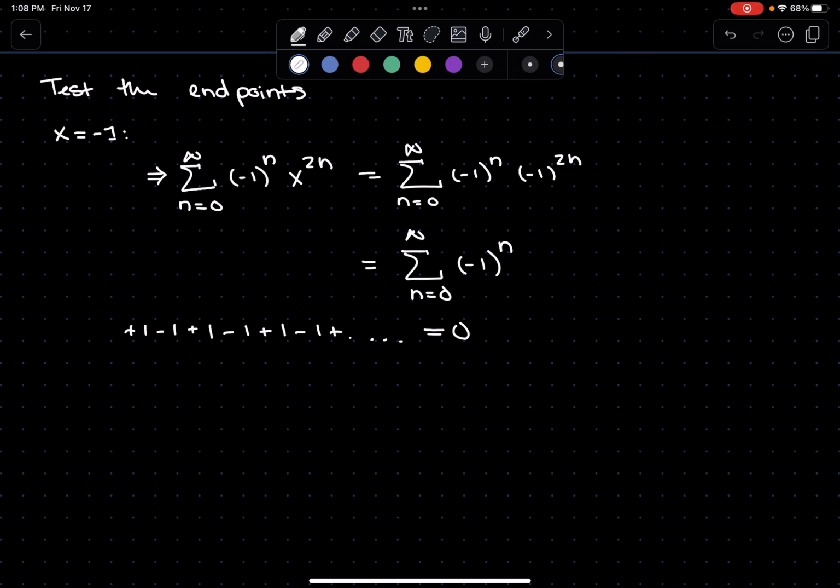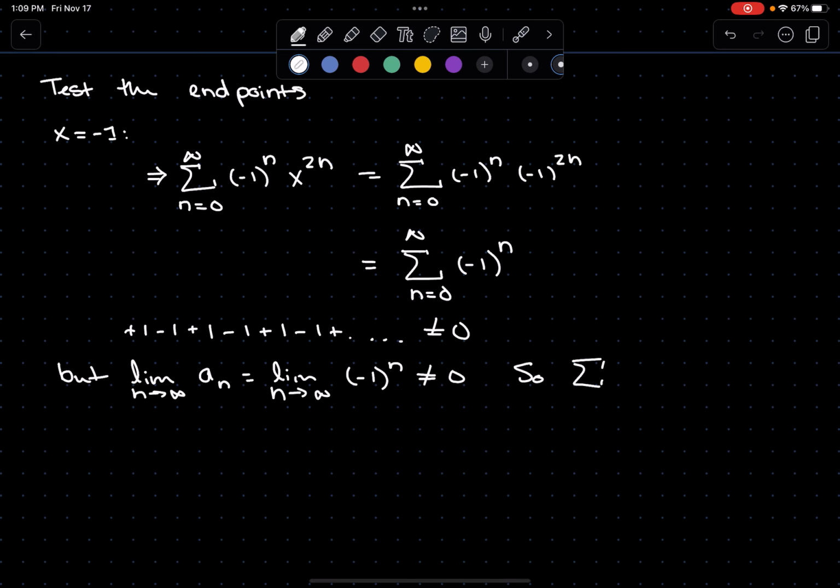But remember, one of our conditions for a series to converge is that the limit as n goes to infinity of a sub n, which is the limit as n goes to infinity of -1 to the n, does not equal 0. So this series diverges, okay? It does not converge.